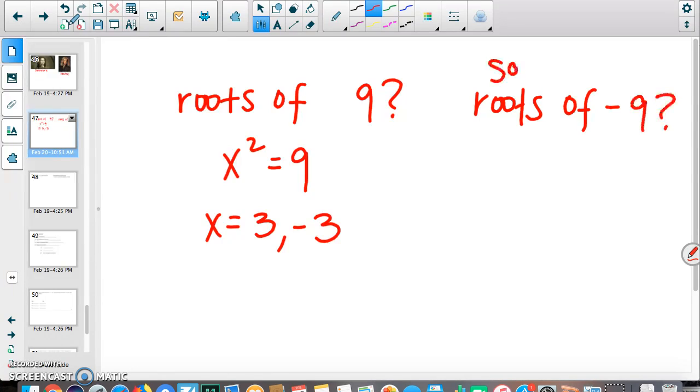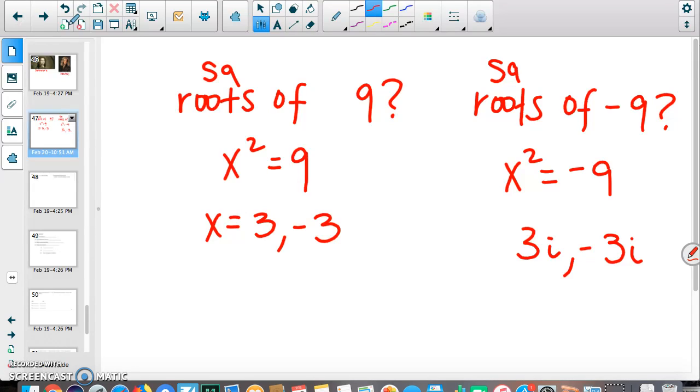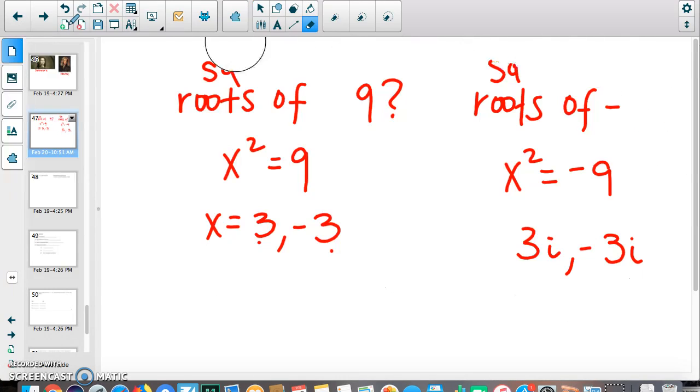Maybe I should make that clear. The square roots of -9 would be 3i and -3i. Whenever you're taking square roots, you have 2 answers, correct? If you were taking a cube root, you would have 3 answers. If you're taking a 4th root, you'd have 4 answers.